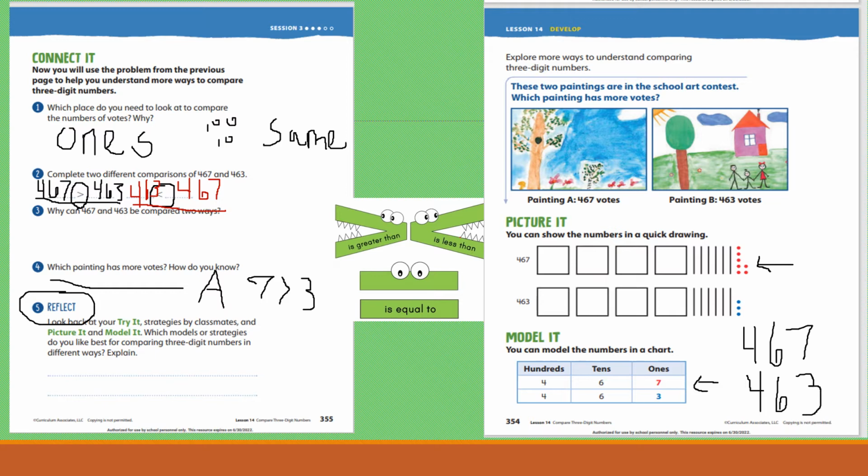You can either draw it using the base 10s, you can use a T-chart or a chart, or you can line the numbers up. Whatever way works best for you, boys and girls, is great. I caution you, as I did yesterday, when you draw the picture, you have more of a chance to make a mistake. So I would either use a chart or line your numbers up.